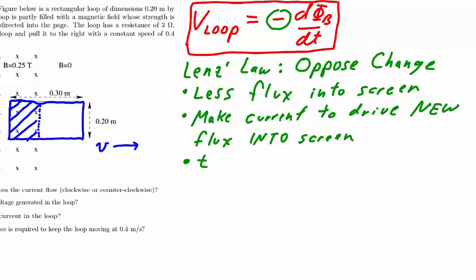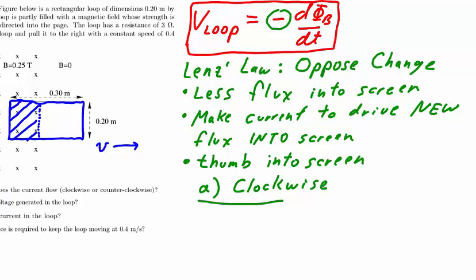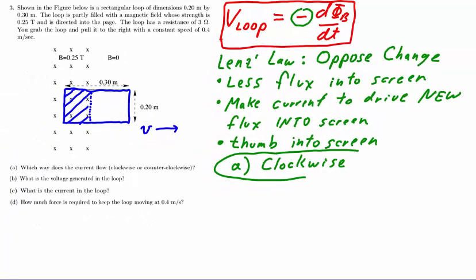We recognize that the curled fingers represent the current and the thumb represents the magnetic field. And we attempt to direct the thumb into the screen. And when doing so, we'll find the answer to part A, that our fingers curl in the clockwise direction, and that is therefore the direction of the current that has been induced in the loop.